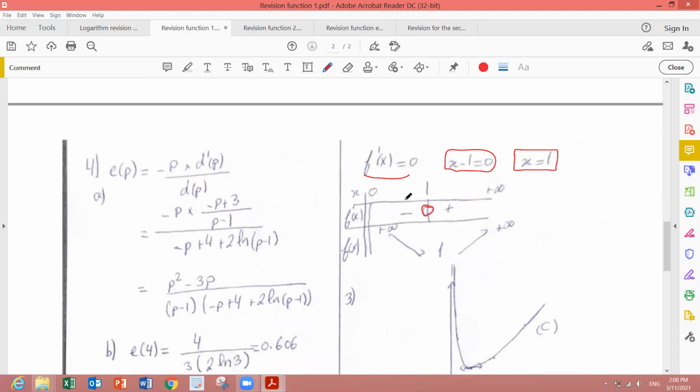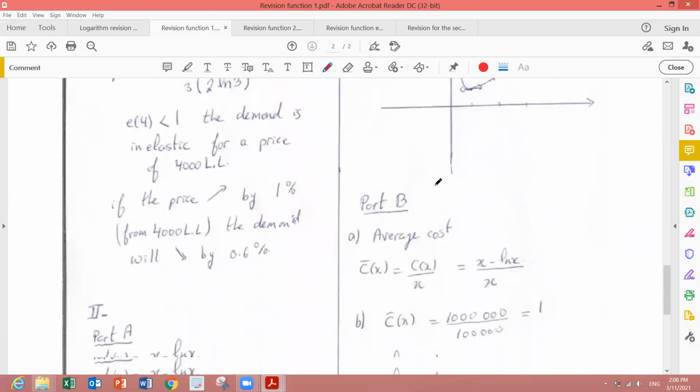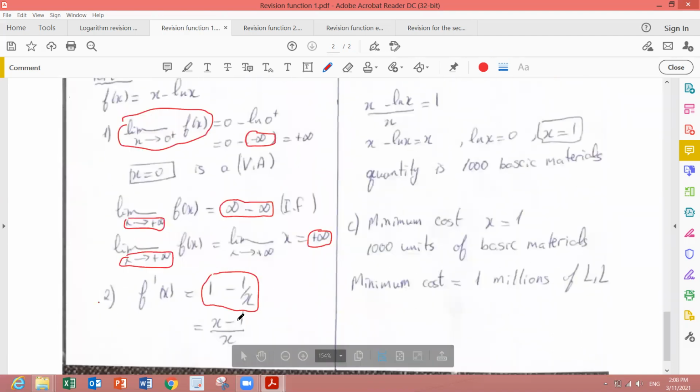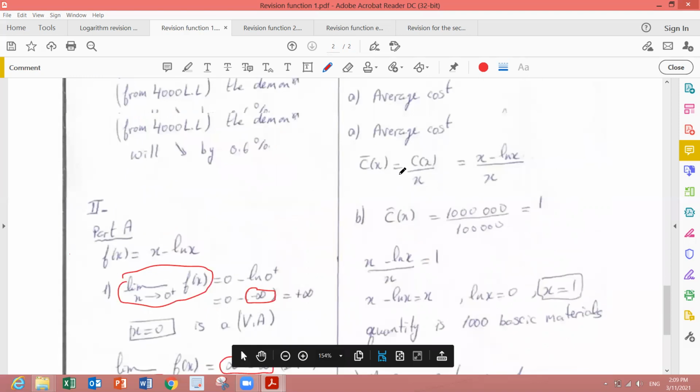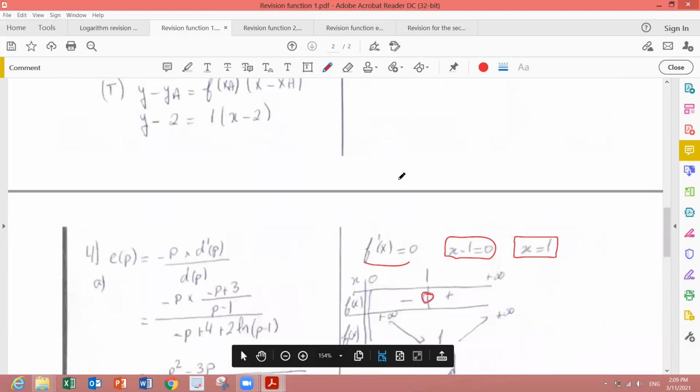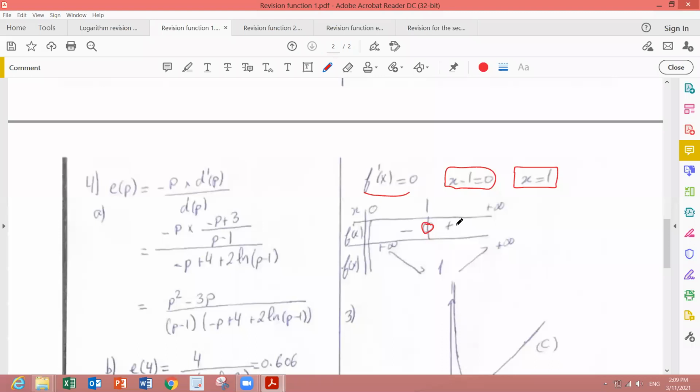To know the sign, we take a number greater than 1, like 2, and replace x by 2 in the derivative: (2 minus 1) over 2, we get half. So it is positive here, negative there. Negative means decreasing, positive means increasing.